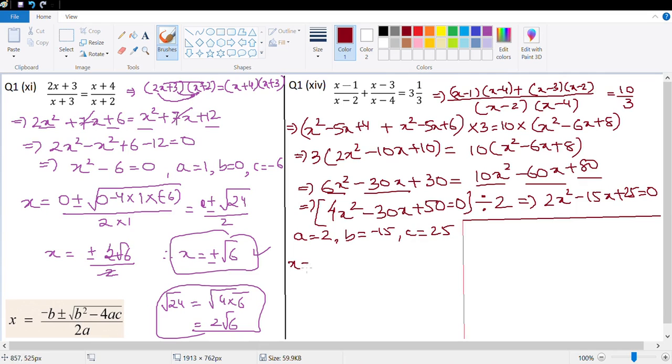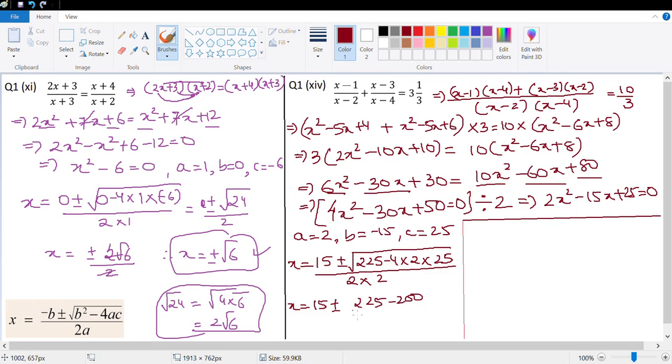So x is equal to minus b, which is minus of negative 15, that's 15, plus minus square root of b square, that's 225, minus 4 into a, which is 2, into c, that's 25, divided by 2a, which is 2 into 2. So x is equal to 15 plus minus square root of 225 minus 4 into 2, 8, 8 into 25, that's 200, upon 4.